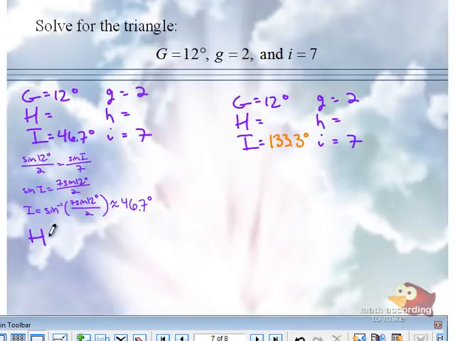There it is. So we'll do 180 minus the quantity of 12 plus 46.7 degrees. What do you get for this H? Did anyone else get that? 121.3? All right. I'll put it over here.